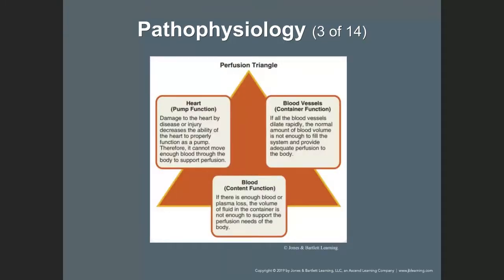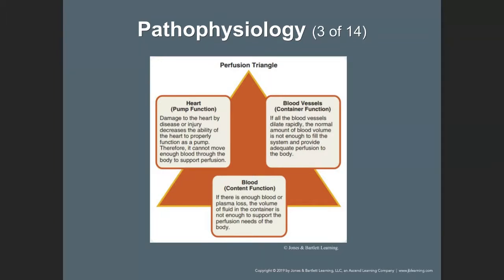Now, the perfusion triangle consists of the heart, which is the pump, blood vessels, which is the container, and blood, which is the content. These components make up what we call the perfusion triangle.